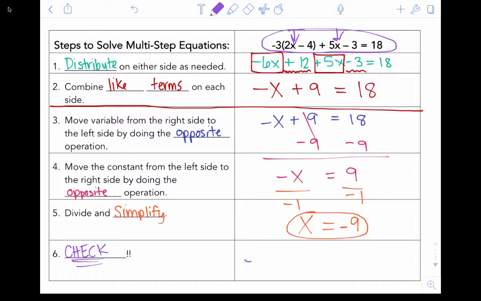So I'm going to write negative 3 times (2 times negative 9, minus 4) plus 5 times negative 9 minus 3 equals 18. I'm just using the parentheses to separate my numbers.